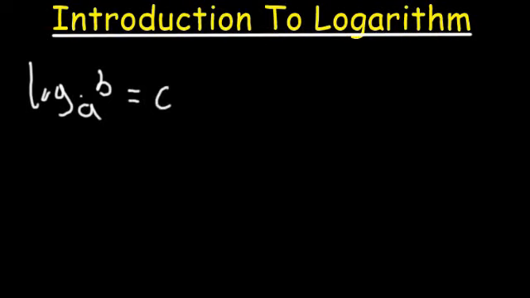Then the value of this expression can be expressed further as a to the power of c equals b. So b will be equal to a raised to the index c. That's exactly what the definition of logarithm is trying to let us know.